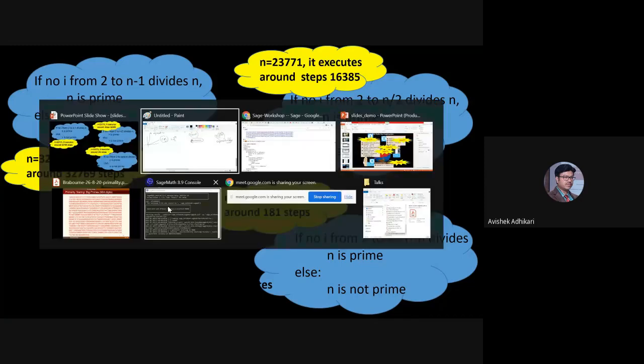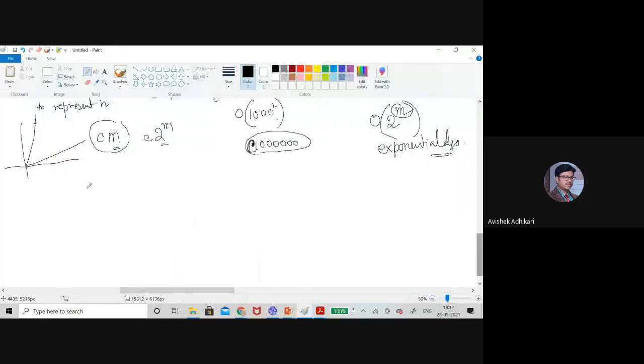Okay, let's check. For primality testing, your input is n, right? So what is the input size? Just now we have seen that it is of the order of log n base 2. Now it requires order of n steps to give you the output.